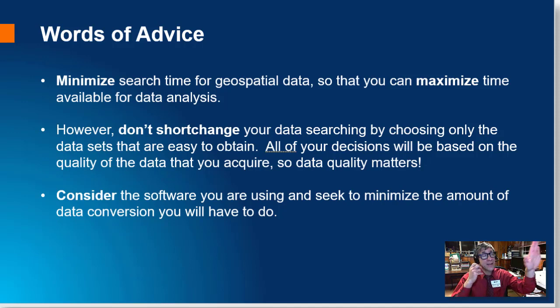In other words, data that's easy to obtain, you get it right away, and you don't really think about what other sources might be around. Remember, all of your decisions will be based on the quality of the data that you acquire. So data quality matters, and spending some time acquiring and assessing matters. Also, consider the software you are using and seek to minimize the amount of data conversion that you will have to do. Another reason to use the Living Atlas of the world if you're using Esri software.